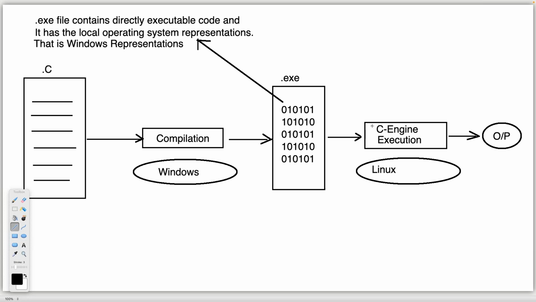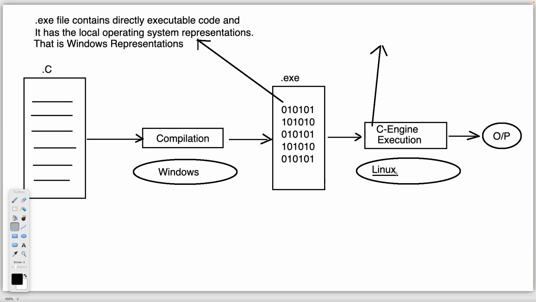Now coming to the execution process. C engine is able to execute our program. When C engine is able to execute the program, it was installed on top of what operating system? Linux operating system.